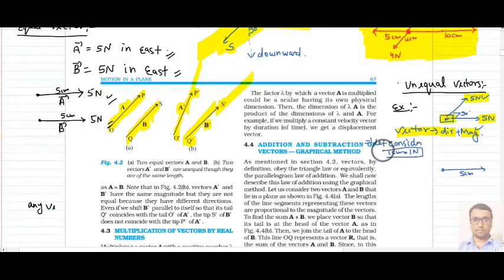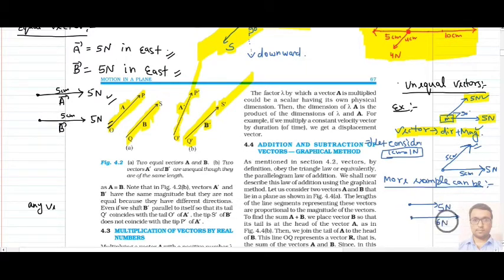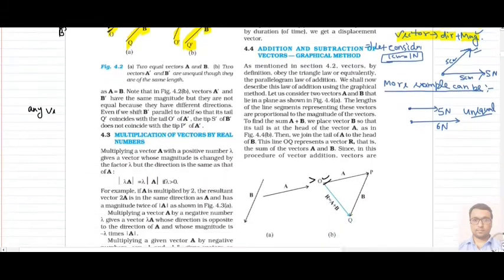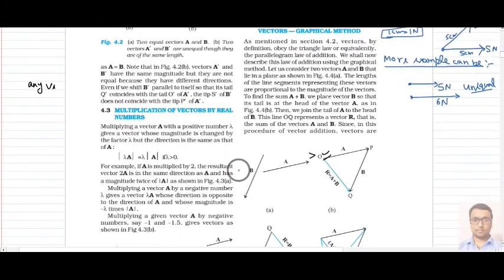So if this is your 5 Newton force represented by 5 centimeter length, then the second vector will be this arrow, and this length is again 5, but direction is not the same. Another example: suppose direction is the same but magnitude is not the same, still we will say that both are unequal vectors. So here we should have no doubt in that.